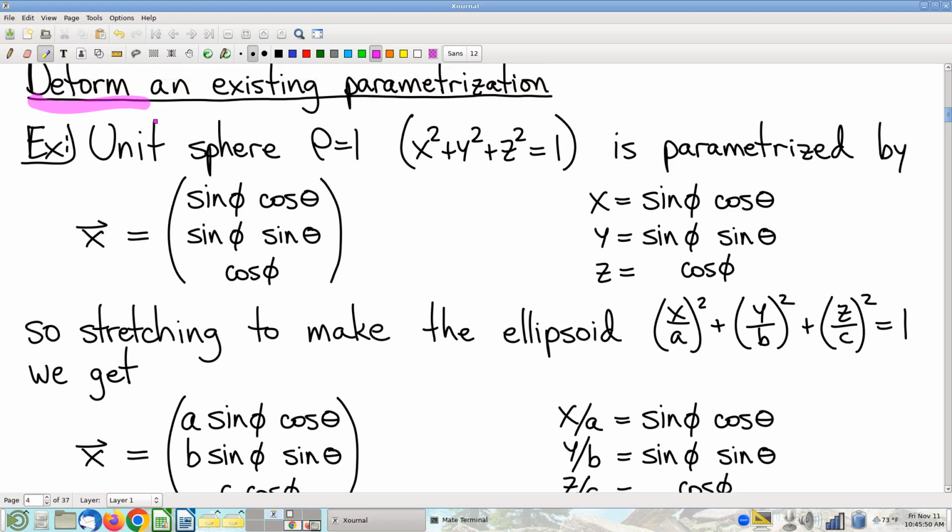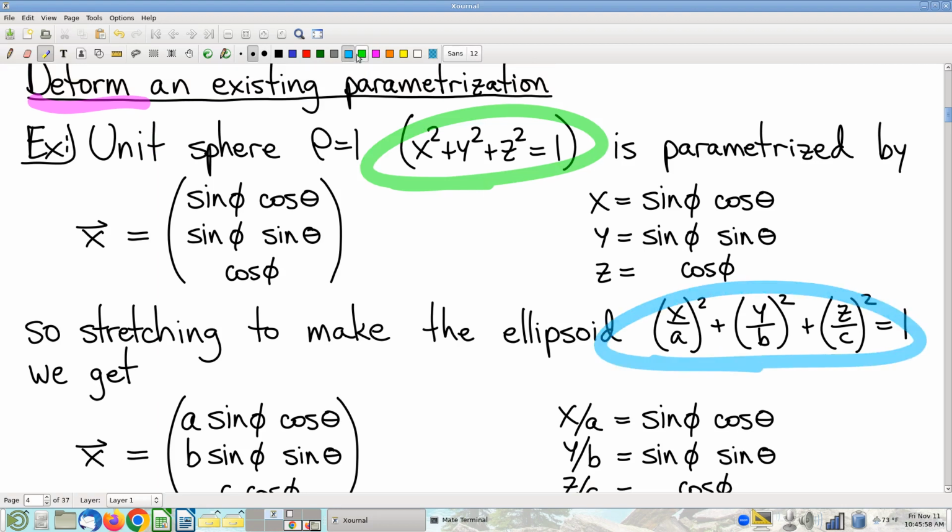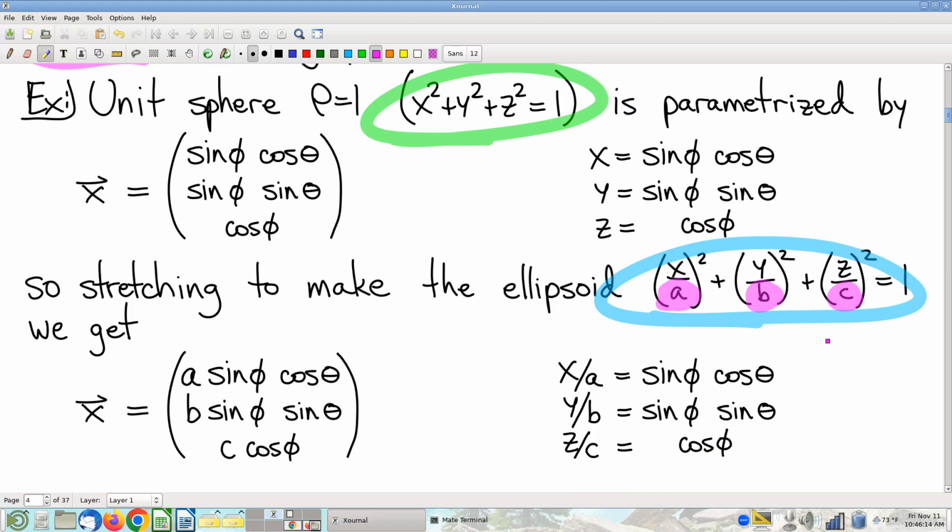How much did I stretch this to get this? Well, you can see I stretched by a factor of A in the x direction, factor of B in the y direction, C in the z direction, and you can tweak the parameterization either of 2 possible ways.